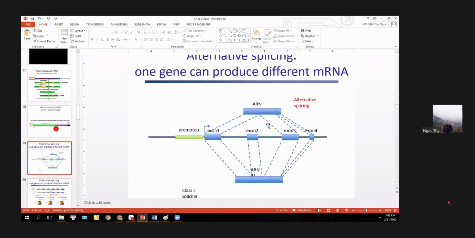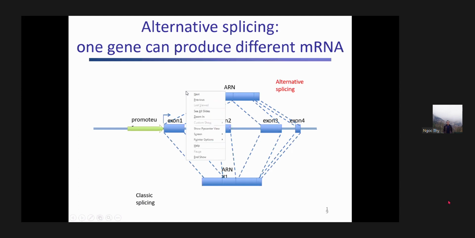So one phenomenon that is also quite interesting is alternative splicing in eukaryotic cells. That means that not all the time are all the exons transcribed into mRNA. So for example, here is the promoter, and this is the transcription starting site. We have a gene with 4 exons, exon number 1, 2, 3, and 4. In one way of splicing, the mRNA will be synthesized with the sequence from all the exons: exon 1, exon 2, 3, and 4.